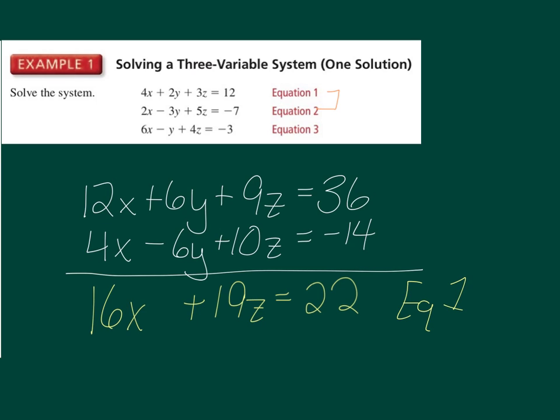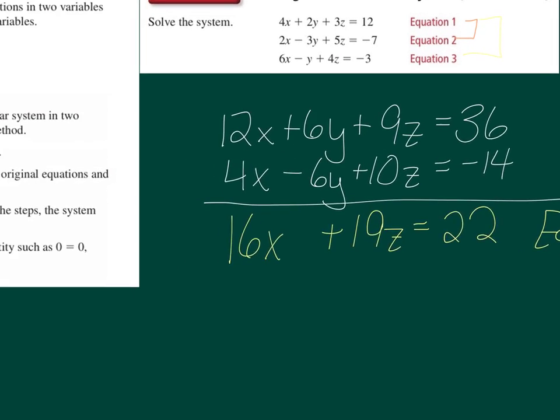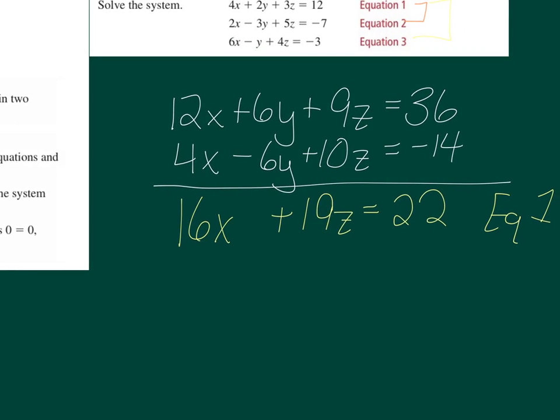Now I'm going to combine equation 1 and equation 3 so that I can get my y's to cancel once again. My equation 1 can stay exactly the same, so I don't have to multiply it by anything this time: 4x plus 2y plus 3z is equal to 12.